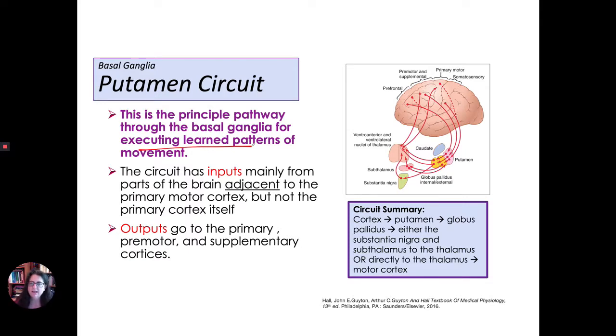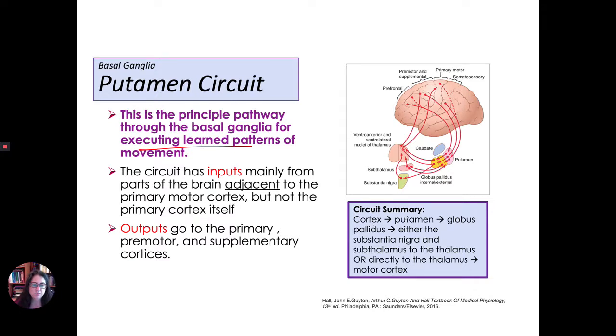And over here I have a really simplified circuit for this, that generally the putamen circuit has inputs mainly from areas of the cortex, mainly adjacent to the primary motor cortex itself, but not necessarily the primary cortex. But anyway, some various sundry areas that have something to do with motor control.